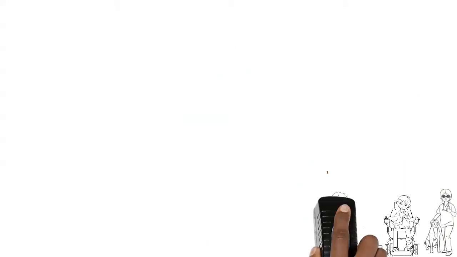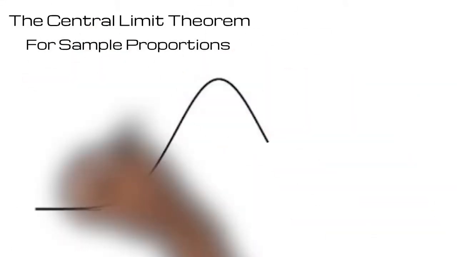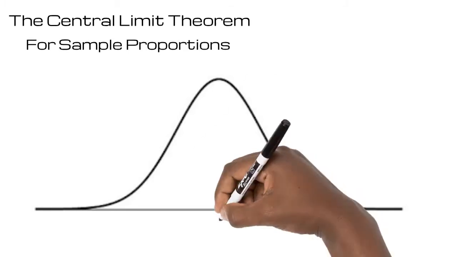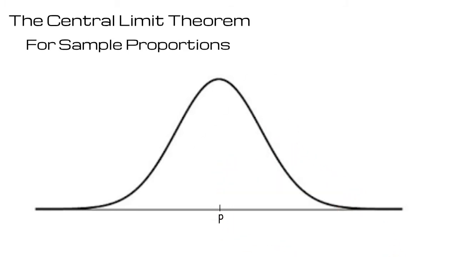Before we jump into an example, let's make sure we remember what the normal model looks like. In our normal model for proportions, the actual proportion will be at the center, and most of our possible proportions will lie within 3 standard deviations below this proportion and 3 standard deviations above this proportion.